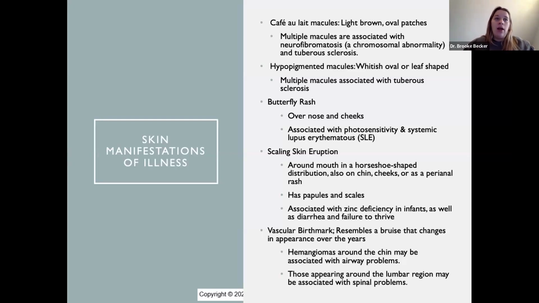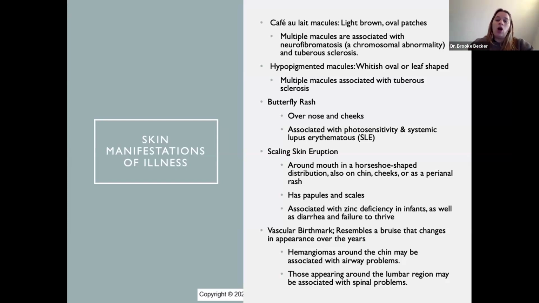They're more common in Latino or African American and Hispanic populations. So it almost looks like they have bruising on their lower back, but that's just a form of a birthmark. Okay.